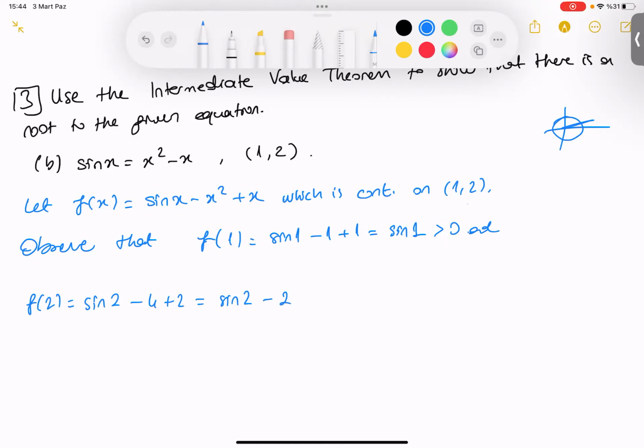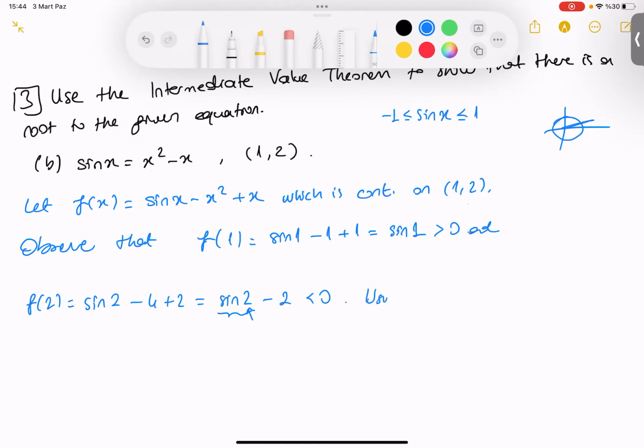Now, the function sin x is between 1 and minus 1 for any value x, which means you can at most get 1 here. So 1 minus 2 is, again, negative. So this value is always negative. Not always, you already have 1 point, but you get the point. Okay, it's negative.